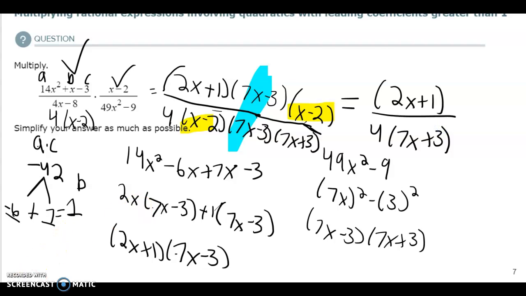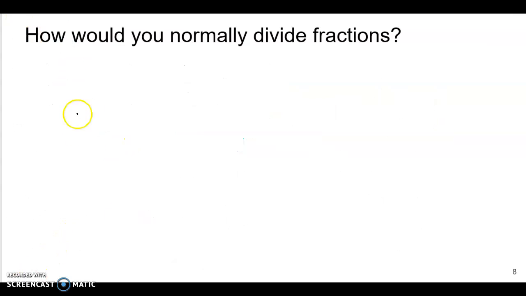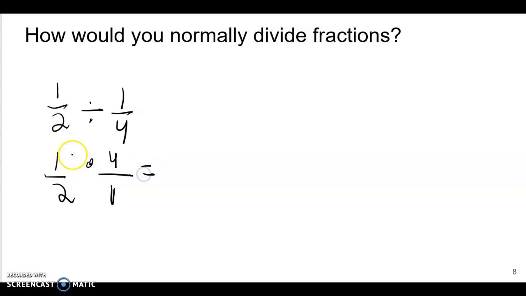Okay, so I want us to think through how we would normally divide fractions if I gave you 1/2 divided by 1/4. We would turn the division into multiplication by multiplying by the reciprocal of the second term. So 1 times 4 is 4. And now this multiplication is like what we just did.